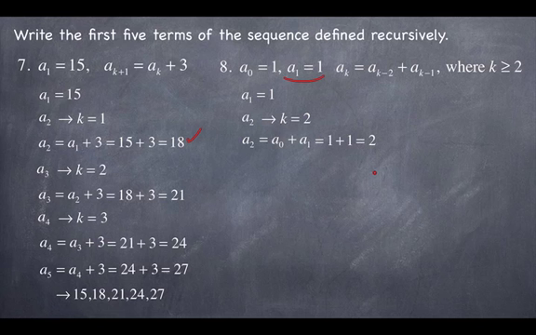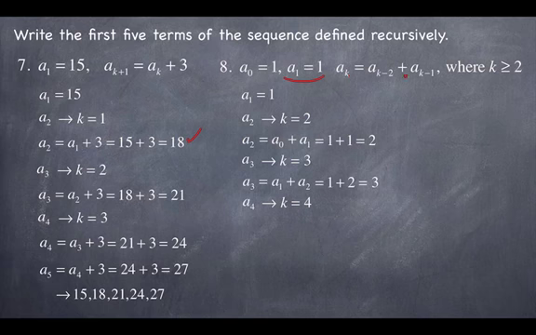Let's find a sub 3. So to find a sub 3, I need to let k equal 3. I substitute k equals 3 here. I get the following expression. Then I know that a sub 1 is equal to 1. A sub 2 is equal to 2. I substitute, and a sub 3 is 3. A sub 4. We let k equal 4. Substitute in here.